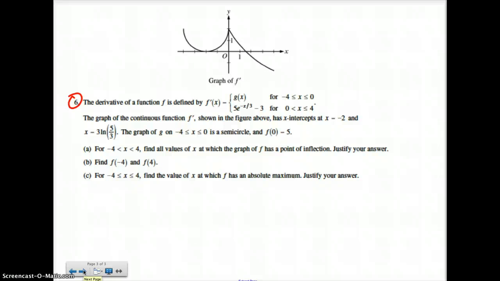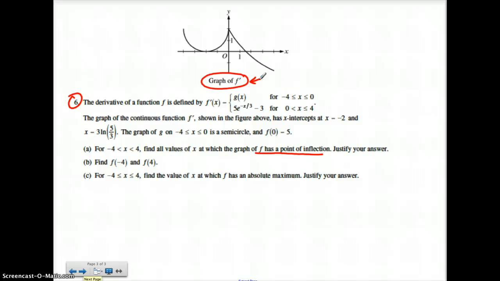But again, this is the graph of the derivative. Okay, and I'm being asked questions about f, the original function, which means I'm going to be doing some integration. I'm being asked about inflection points, so I'm going to have to be doing the derivative of the derivative, or kind of looking at the slope of the derivative graph.